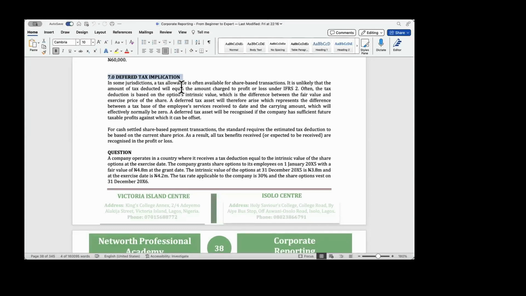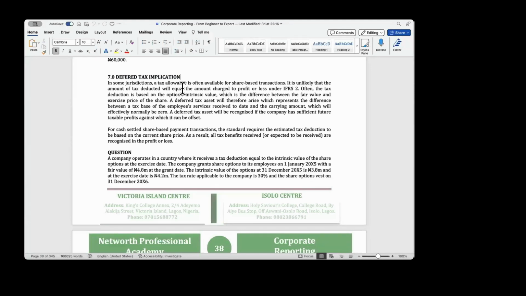I hope so. So you see, for deferred tax, I know that Mr. Kazim has taught you deferred tax. I'm aware of that. And I want to believe that you all know that deferred tax is determined by temporary differences.